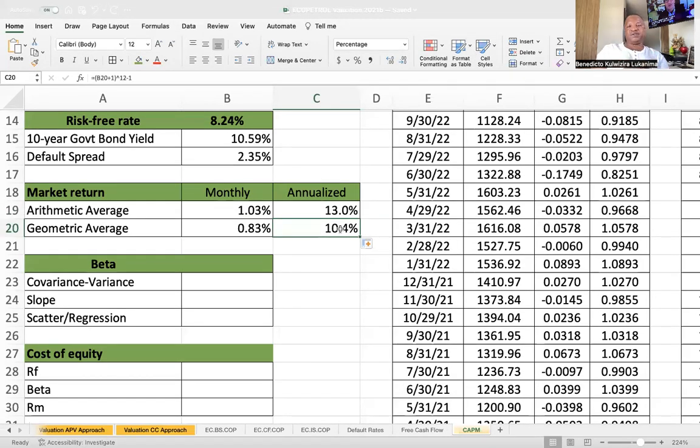The key differences between arithmetic average and geometric average is that conceptually, arithmetic average assumes that the observed prices are, sorry, are independent. They don't depend on each other. That is arithmetic. What happens today does not affect tomorrow.